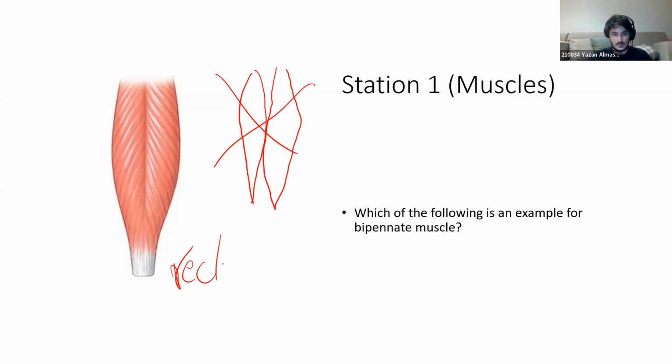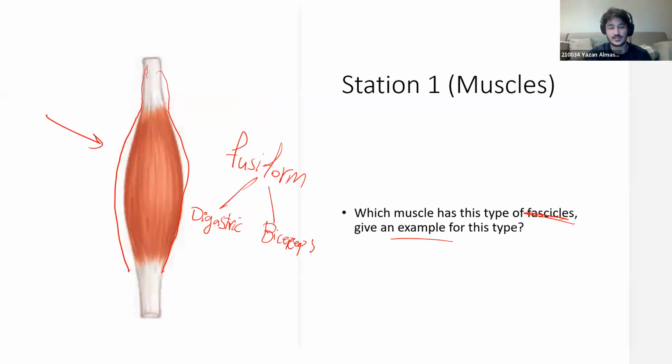Rectus femoris. Yes, exactly. Bicep is fusiform. Is this clear? For the person who said bicep, is it clear? This is more like bicep, okay?